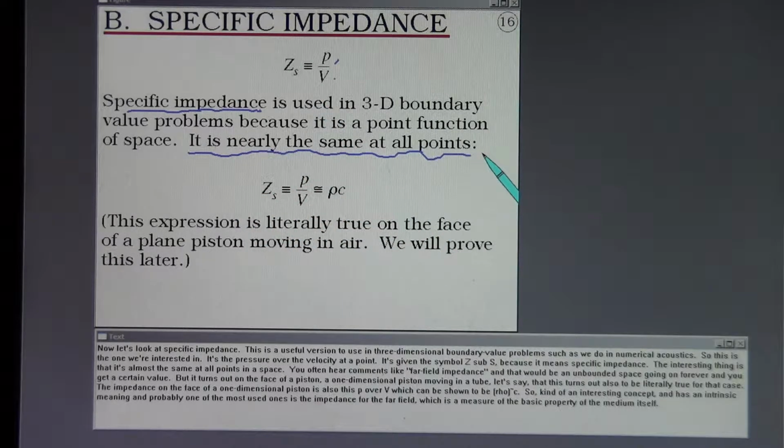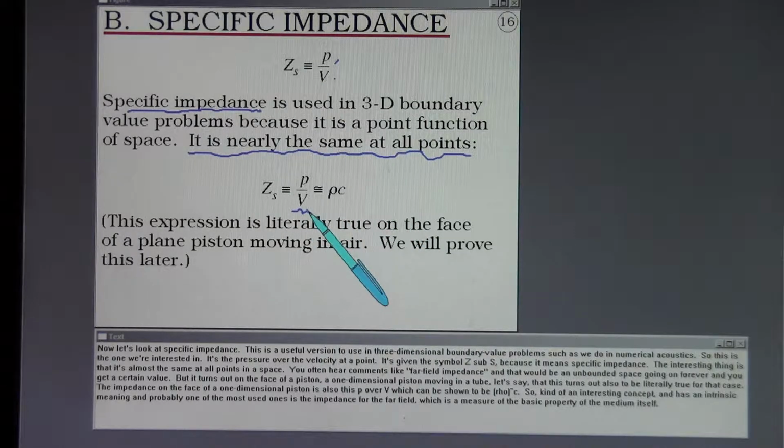You often hear comments like far field impedance, and that would be an unbounded space going on forever, and you get a certain value. But it turns out on the face of a one-dimensional piston moving in a tube, let's say, that this turns out also to be literally true for that case.